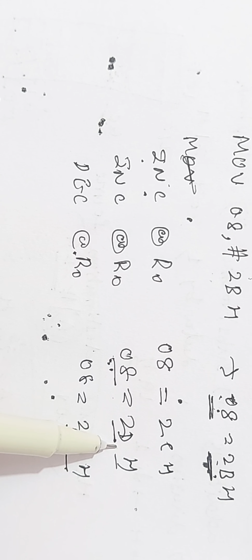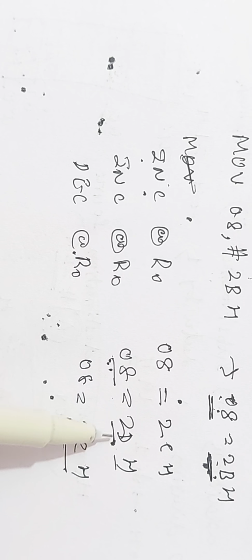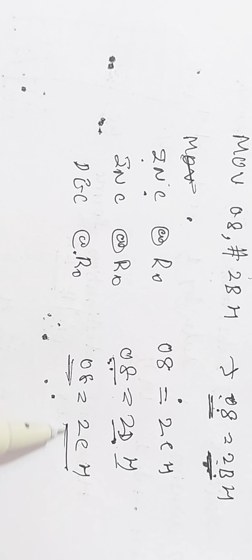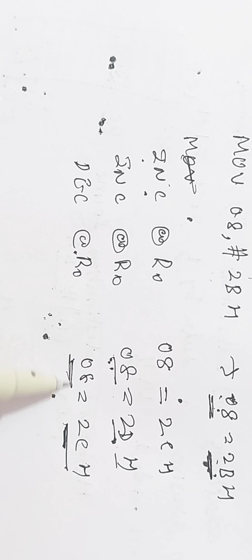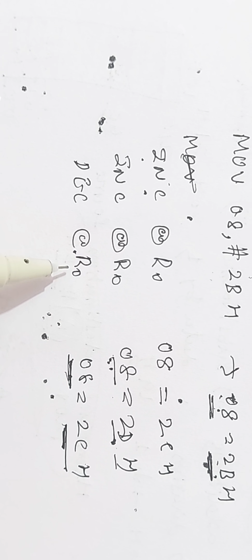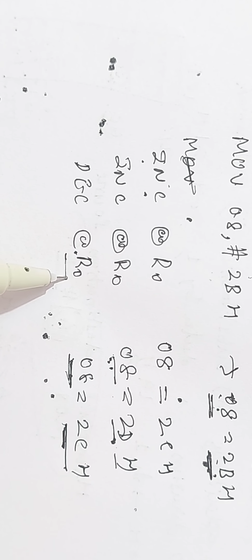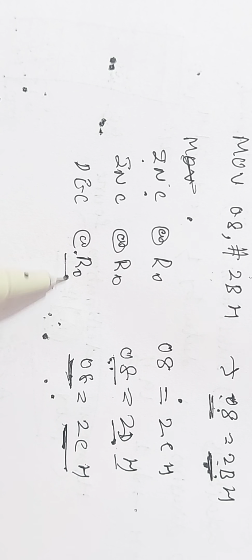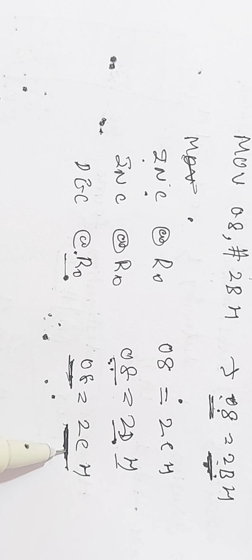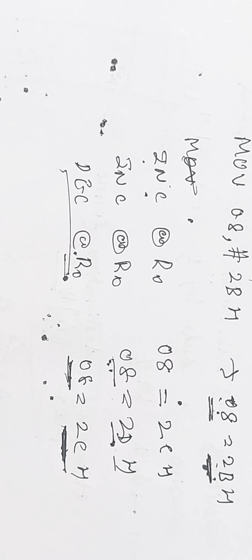It contains 2D. Decrease it by 1. So 2D minus 1 is 2C. Now the address 08 contains 2C. Here 08 is the address of the register R0. Now what is the number contained? 2C. This is indirect addressing mode.